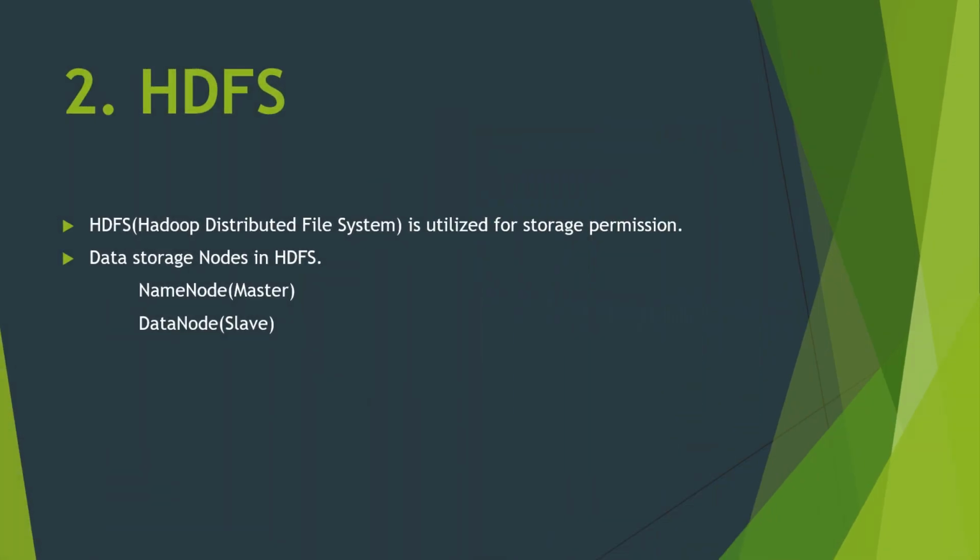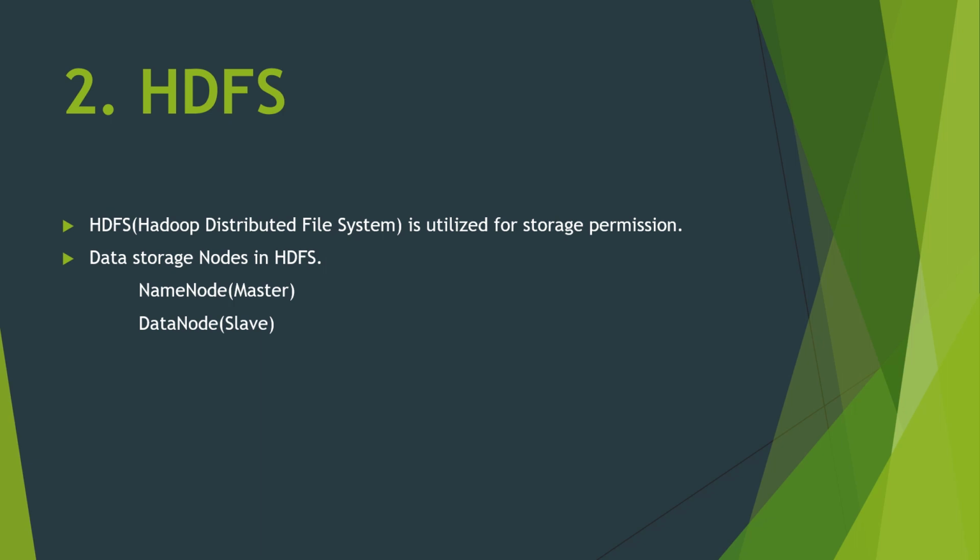HDFS. We already said that HDFS is the Hadoop Distributed File System. It is utilized for storage. It is mainly designed for working on commodity hardware devices, with a distributed file system design.